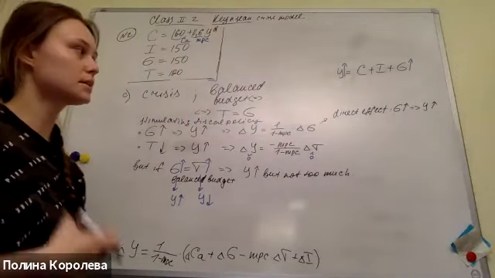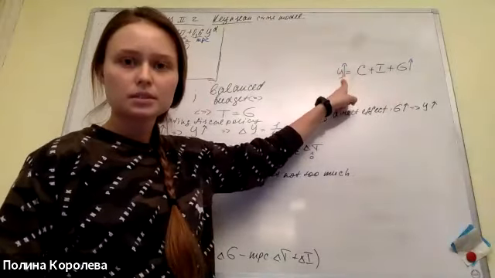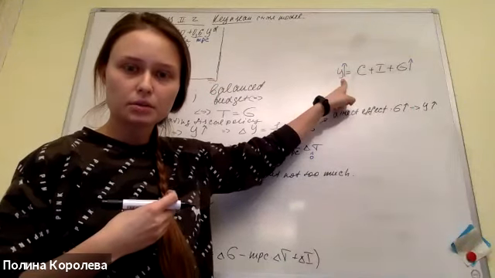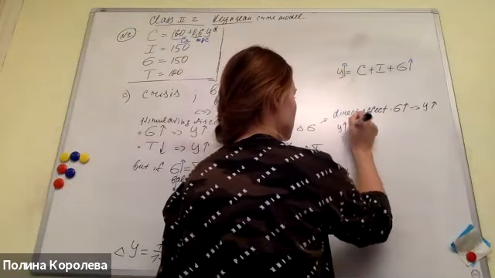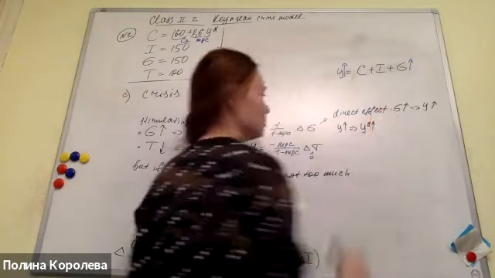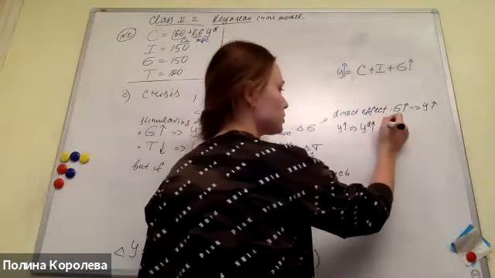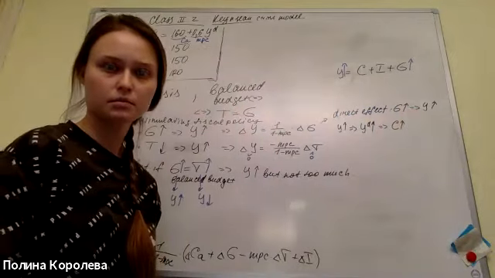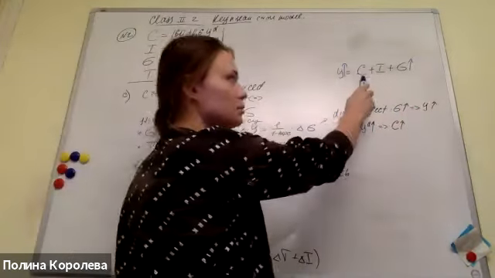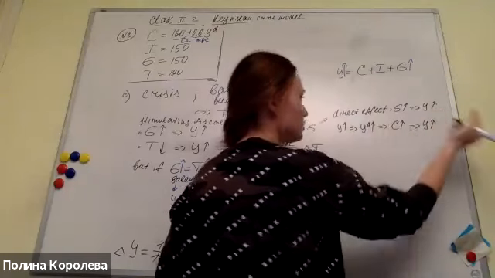What is happening next? If GDP increases, that means that the disposable income of households increases. And if disposable income increases, that means that our consumption increases. And consumption is also a part of GDP. You see? And if consumption increases, then GDP increases.